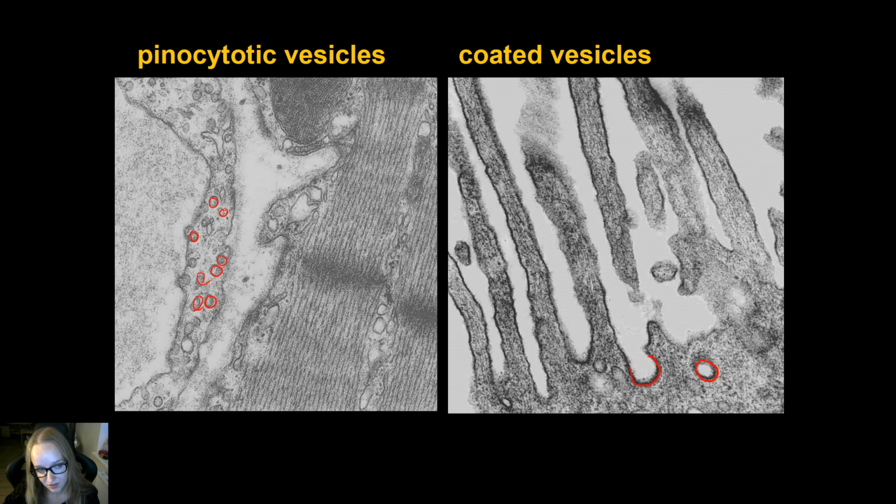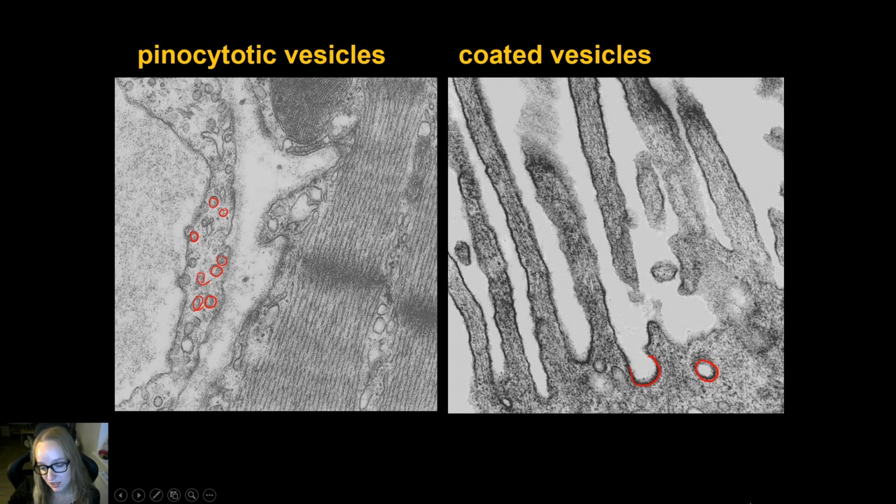So pinocytic vesicles randomly receive molecules from the environment. They're just invaginations of the membrane, and you're creating pinocytic vesicles randomly, picking up most of the stuff around.